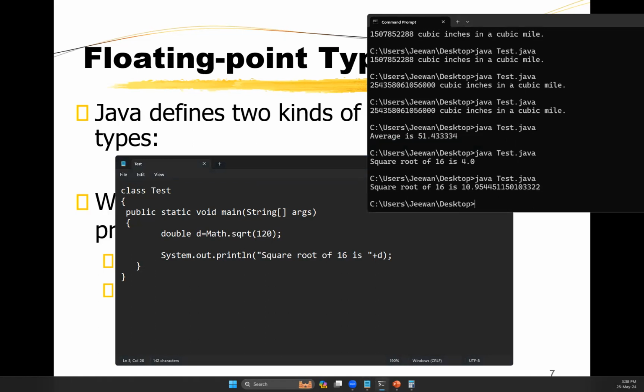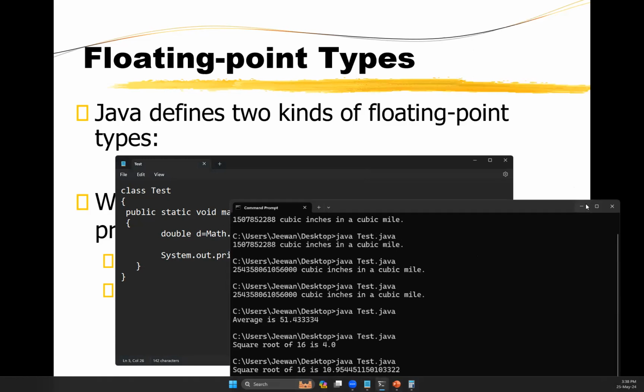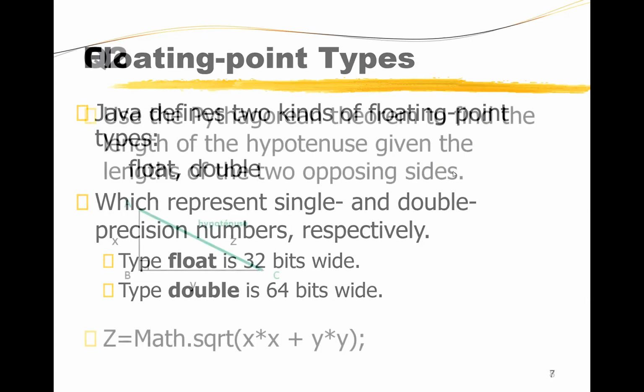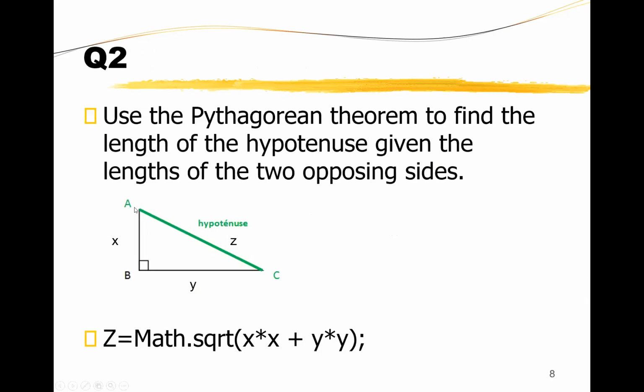Now, I think you may have already heard about this Pythagoras theorem, right? If it is a right angle triangle, and you know the x and the y values, then you can find the z value by getting the square root of x squared plus y squared.